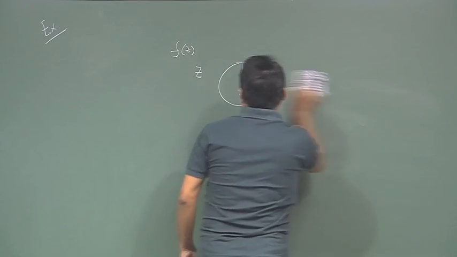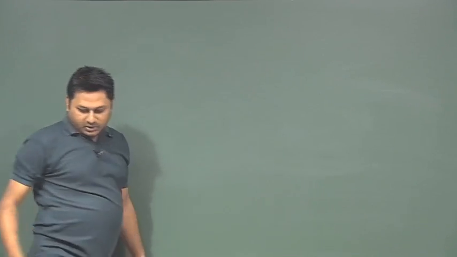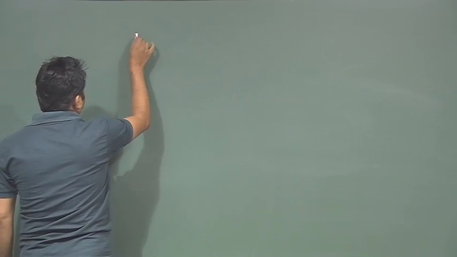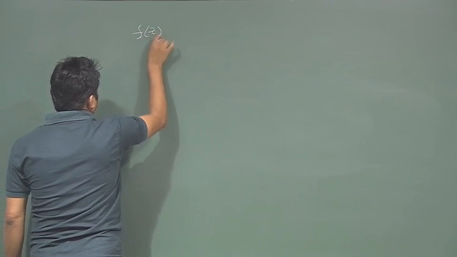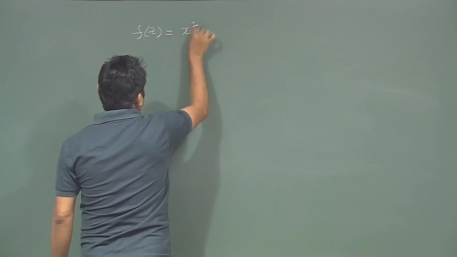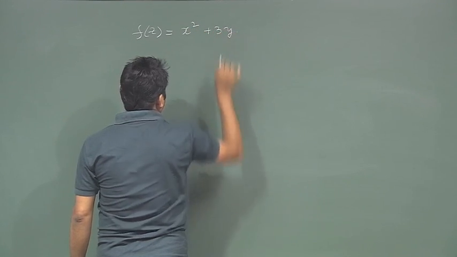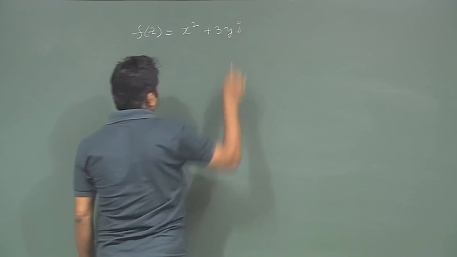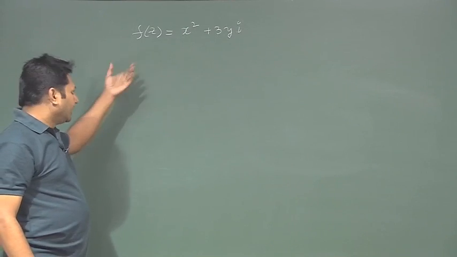So, more examples. This is a critical example where we have a relationship. We can have more examples like f(x, y) equal to x square plus 3y i. It is a similar kind of equation, and you can do that in the same way.